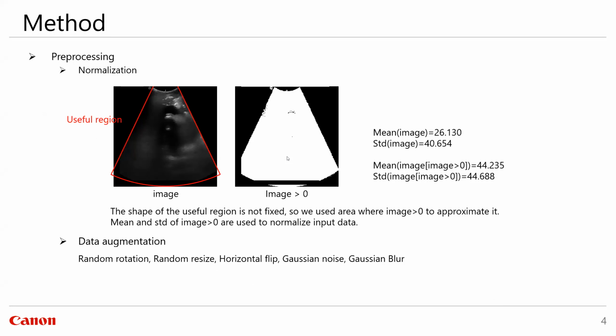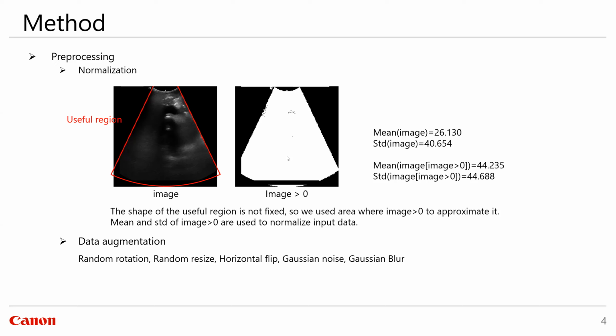The next part is the method we used. In the pre-processing step, the only point worth mentioning is that we normalized the input data using the mean and the variance of the areas with image values greater than 0. The effective region in the ultrasound image is a sector, so it has much meaningless black padding, and the distribution of all pixels is obviously different from the true distribution of the effective values.